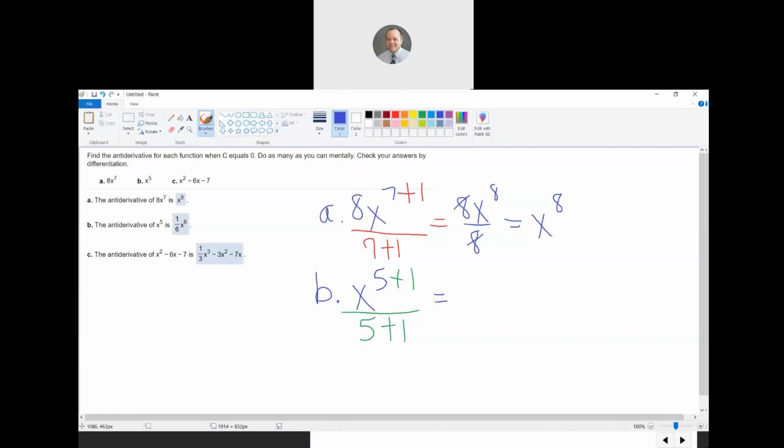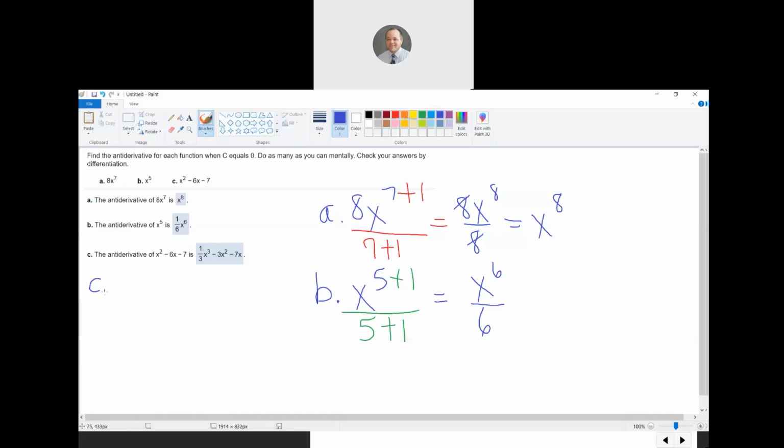And this gives us a final answer of x to the 6th power over 6. Or 1 over 6 times x to the 6 is correct too. Part C.